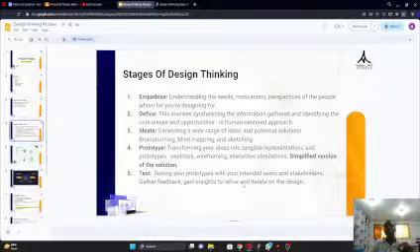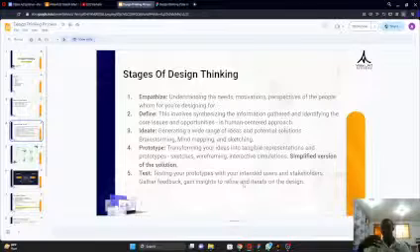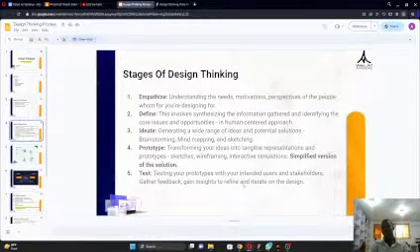Then we have the third stage, ideate. This stage is where your creative thinking comes in, generating a wide range of ideas and potential solutions: brainstorming, mind mapping, and sketching. After you've understood them, that's empathize, you conducted research about them, and you move on to define. You've highlighted the possible issues they are facing and some opportunities you can create.